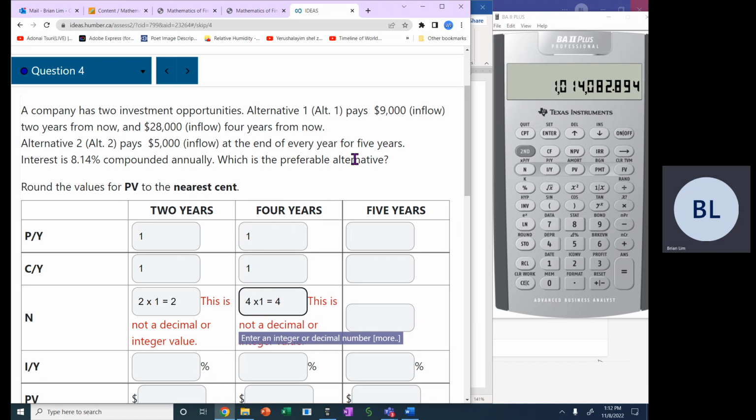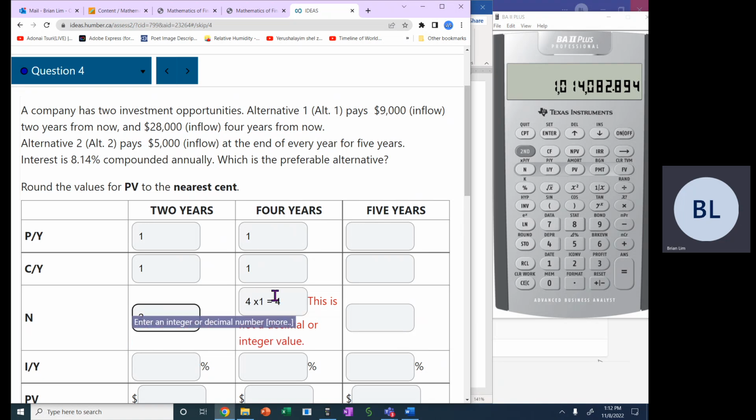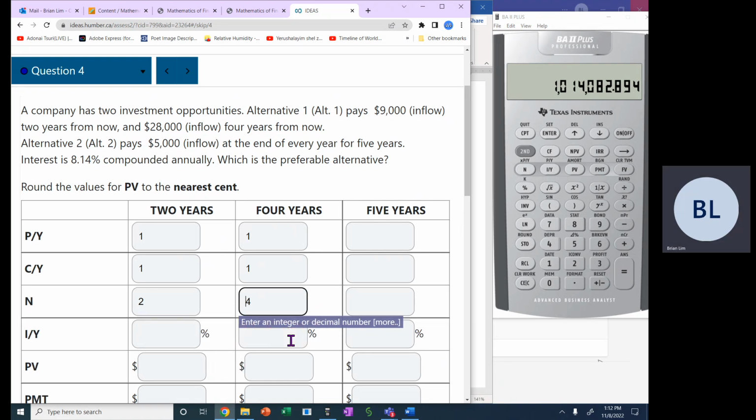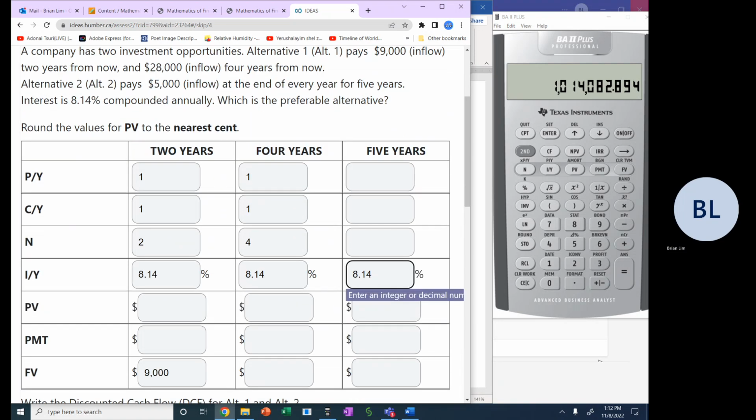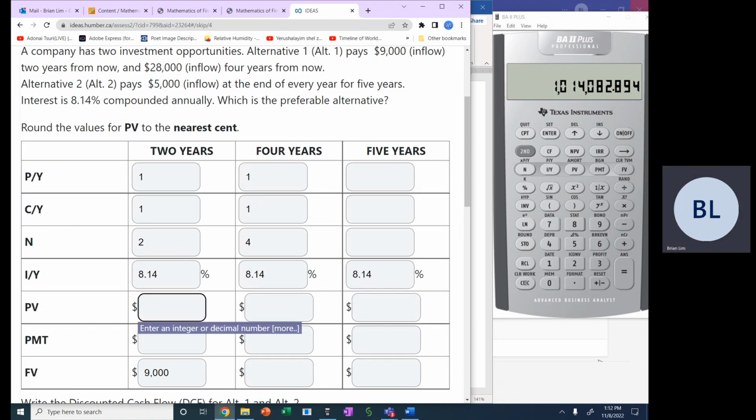All right, so we'll see when we use the calculator to get these numbers that they are indeed 2 and 4. The interest rate is 8.14, and that will be the same across the board, right? Yes, everything is 8.14. Now, present value is what needs to be computed for all cases, right?